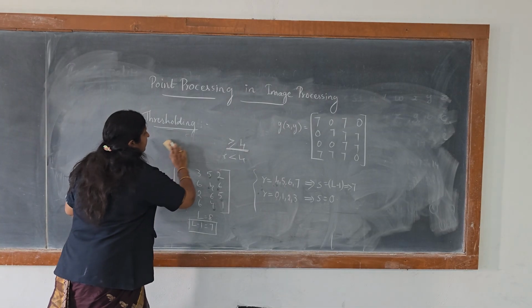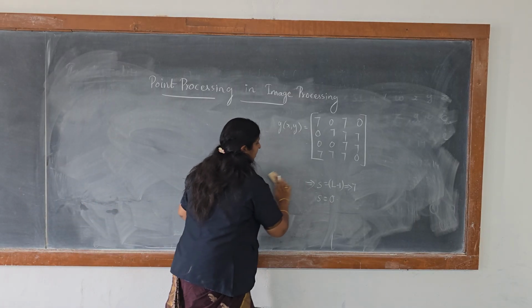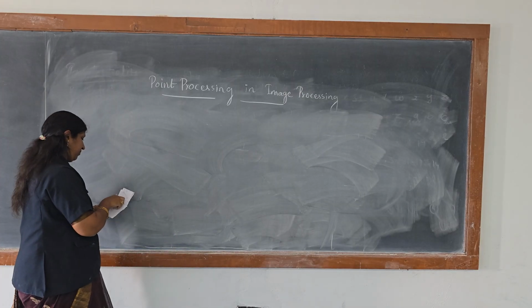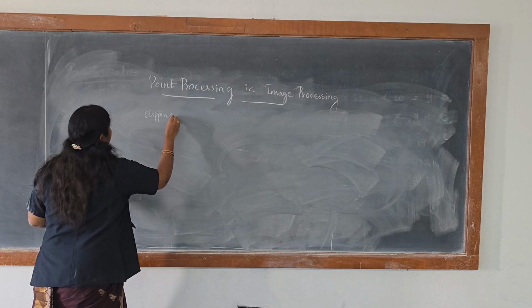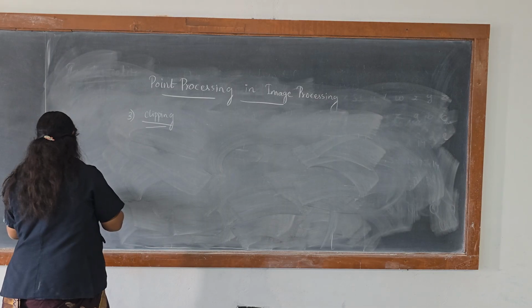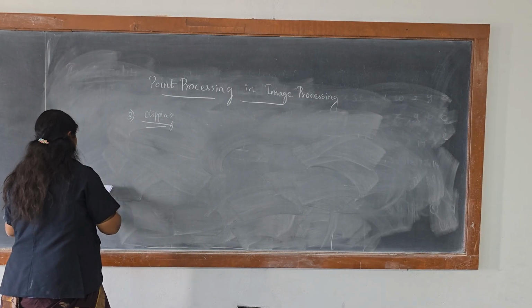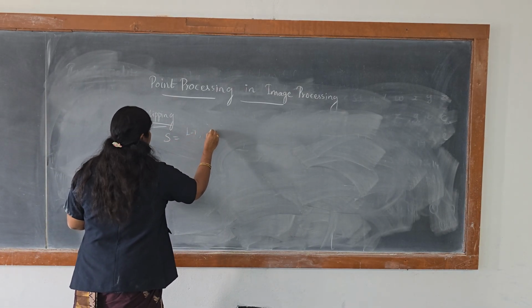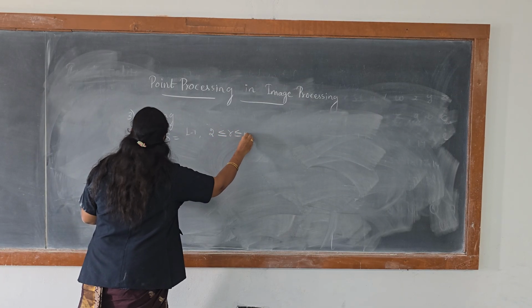Okay, so the next type is clipping. Here we use the formula S is equal to L minus 1 if 2 is less than or equal to R less than or equal to 5.